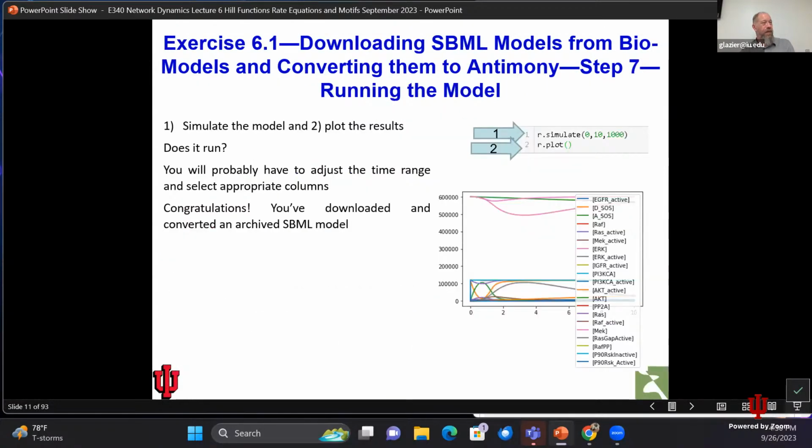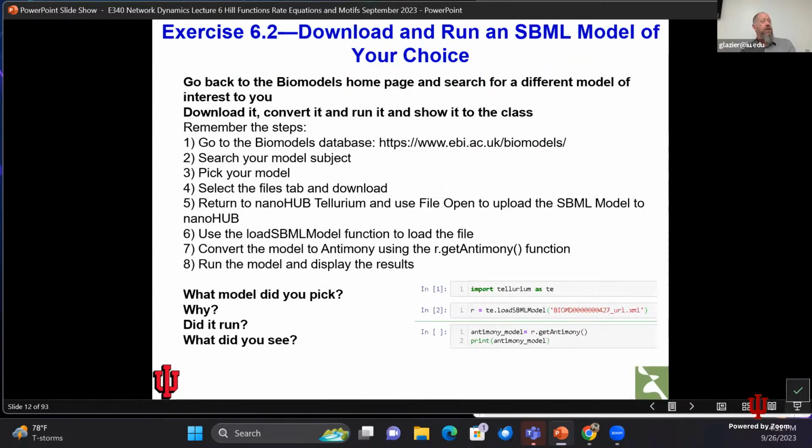Right. And then you can do an r.simulate and r.plot, and it'll run, and you can reproduce the basic code in the paper. So that was the exercise. I'm not going to ask you to. In principle, here I said go back to the BioModels homepage and search for a different model.